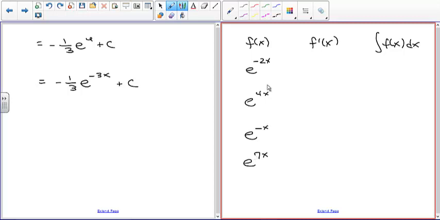Okay, so these are all just e to the something x: minus x, 4x, negative x, 7x.